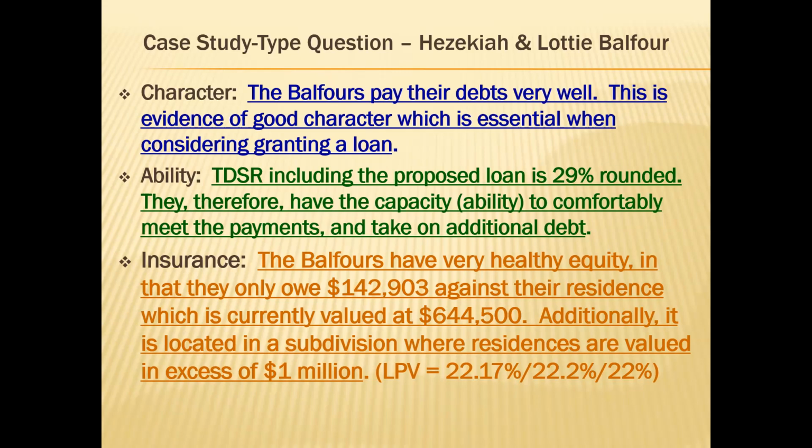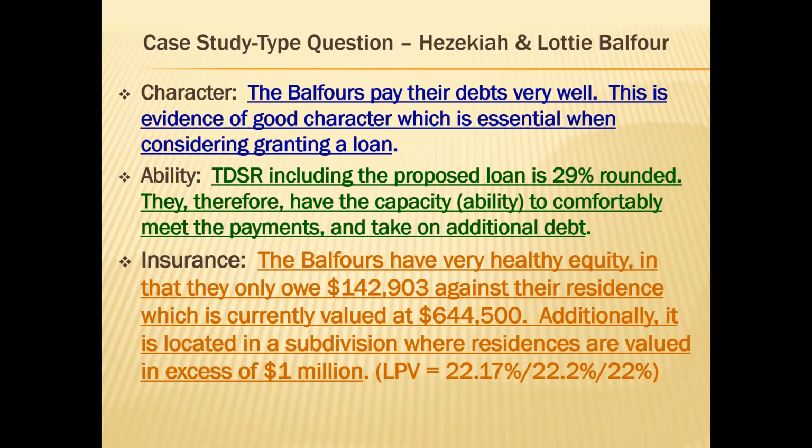Plus I think we're told that the loan is paid over the counter. So it means that's not by salary reduction. Anyone who's paying their loan over the counter, not by salary reduction, and doesn't have any late payments, I target them for loan or additional loans. So the Balfours pay the debts very well. This is evidence of good character, which is essential when considering or granting a loan.